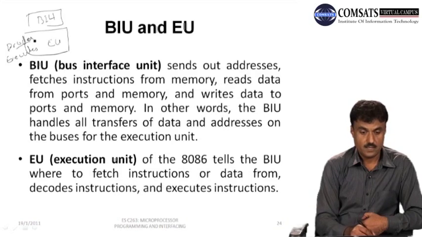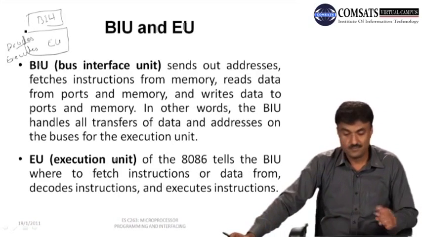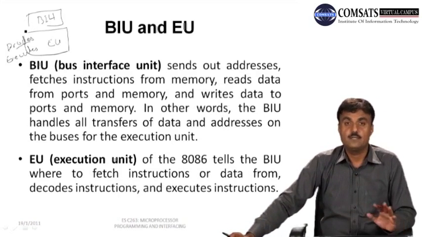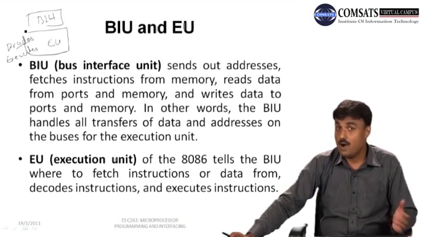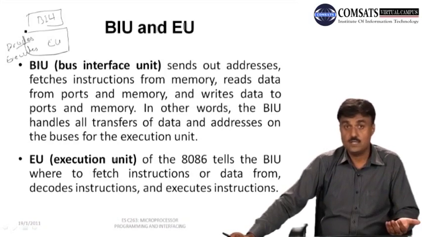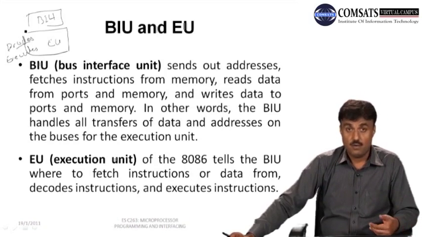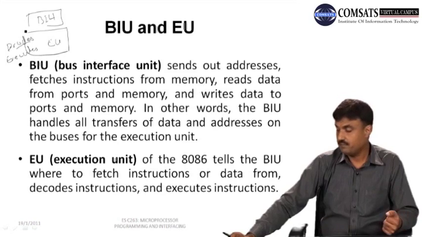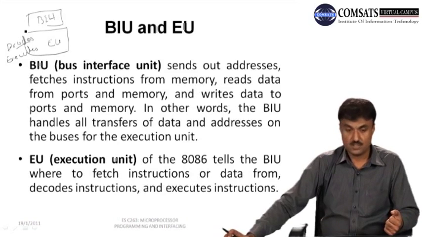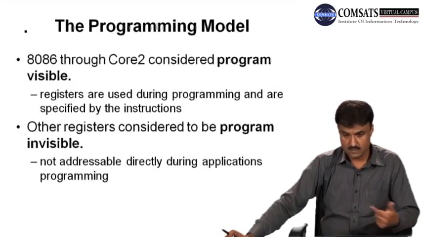So it decodes and executes, and tells the bus interface unit to fetch instructions and so on. This is a very brief introduction about these two sections. But how we fetch, how we decode, and how the CPU executes the instruction is the part of the subject.